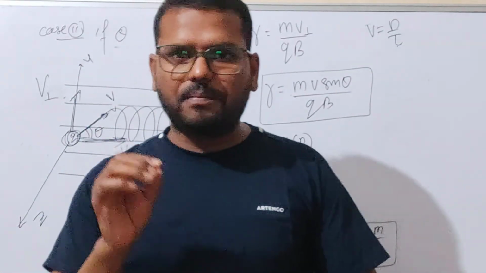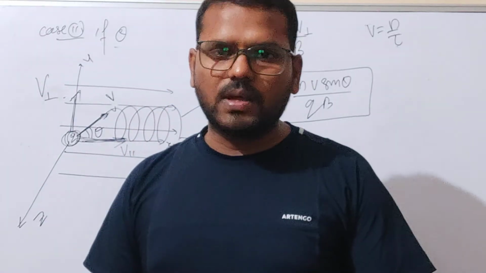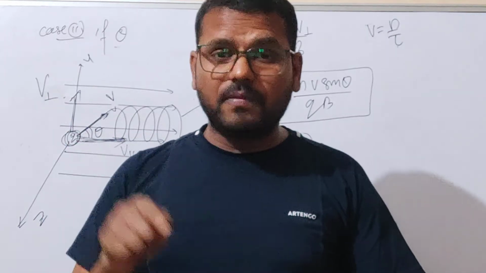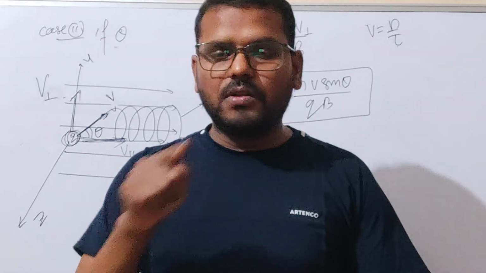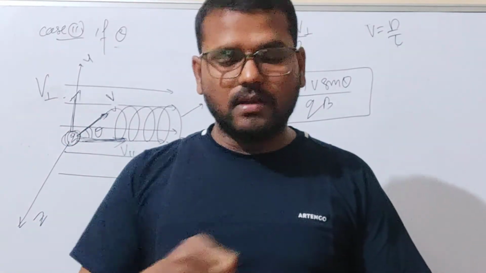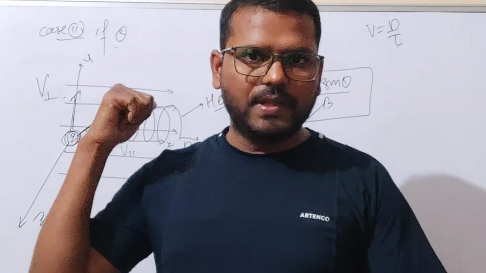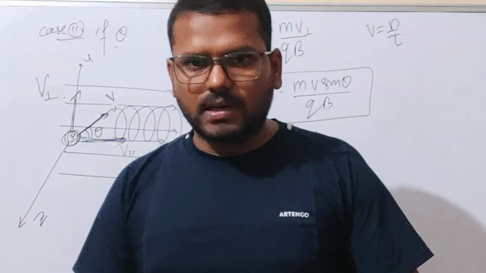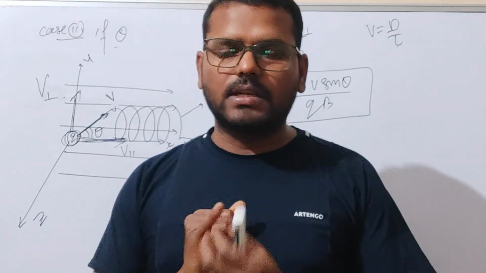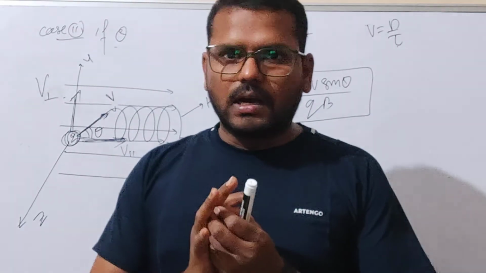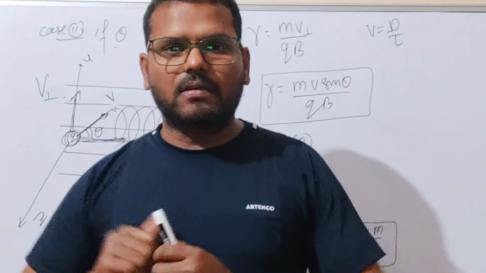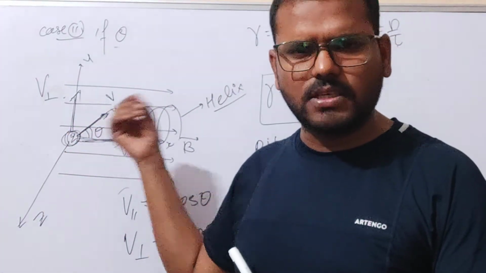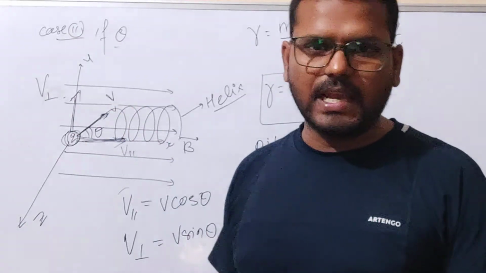If the particle is thrown perpendicular to the magnetic field, the charge acquires a circular path, and with that we calculated the radius, time period, and frequency. In the last case, when the angle is other than 90, 0 and 180, we get a helical path.